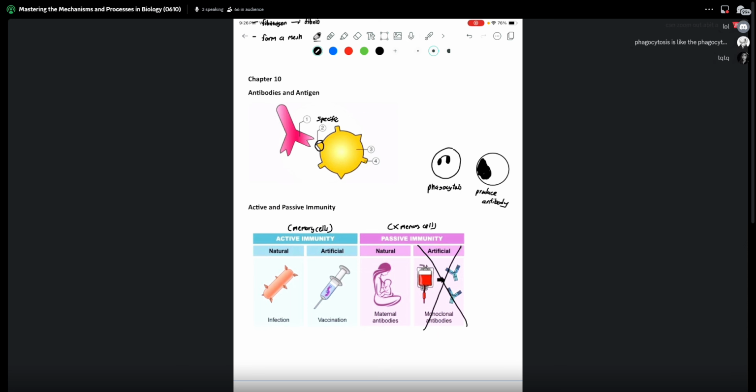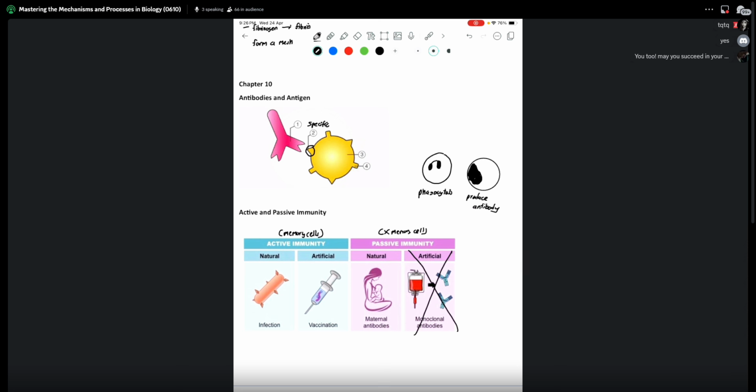Excellent. So phagocytosis is like phagocytes eating up. Yes, absolutely. I would say a phagocyte is almost like a monster eating. If they see a foreign material, that's it. Lymphocytes just act like a pussycat that releases the antibodies.